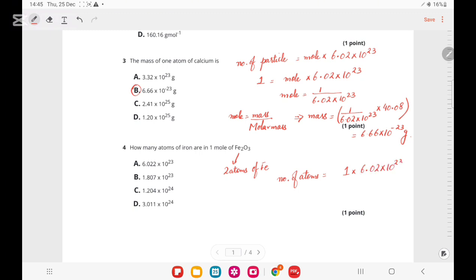And now as we are finding iron atoms here, and there are 2 iron atoms, I'm going to multiply this with 2 here. Okay, so the final answer comes out to be 1.204 times 10 raised to power 23. So the correct answer is going to be C here.